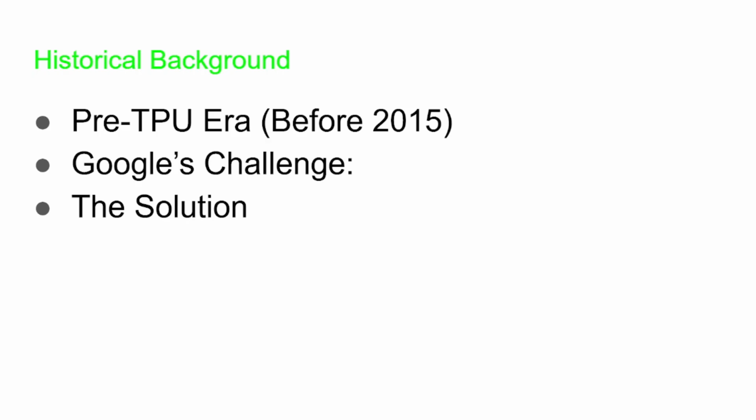The solution: in 2016, Google publicly announced the TPU version 1, V1, designed to accelerate inference in deep neural networks. The TPU quickly became a part of Google data centers, and later it was made available to external developers through Google Cloud TPU services.